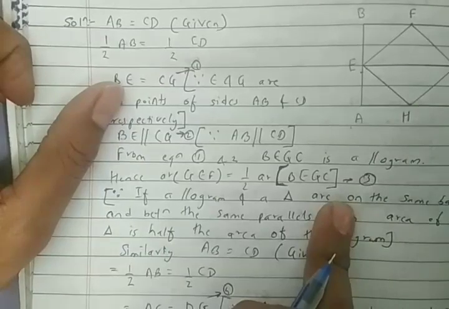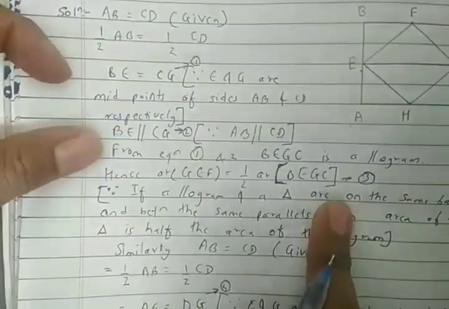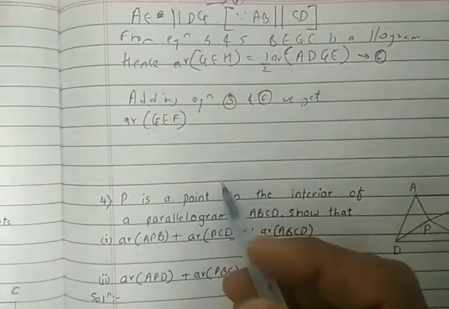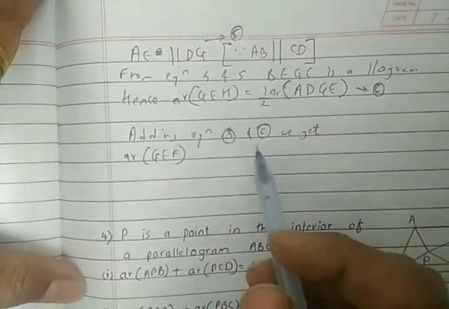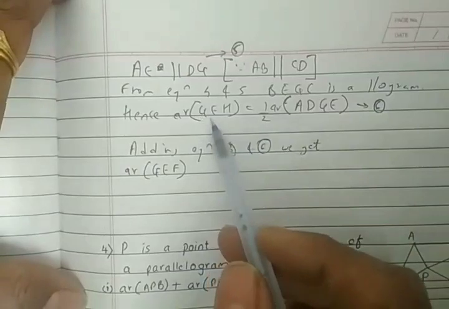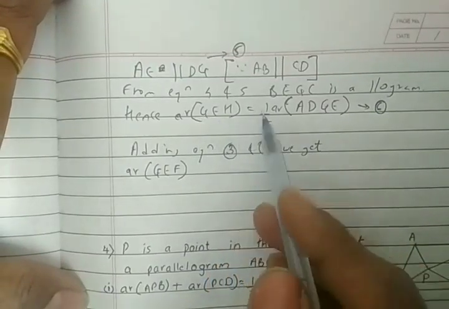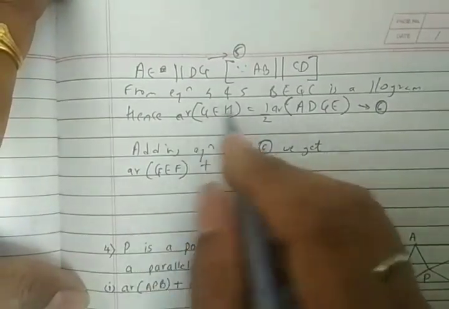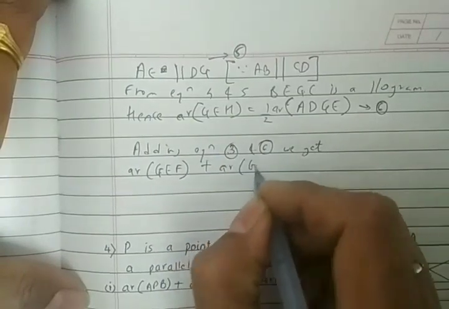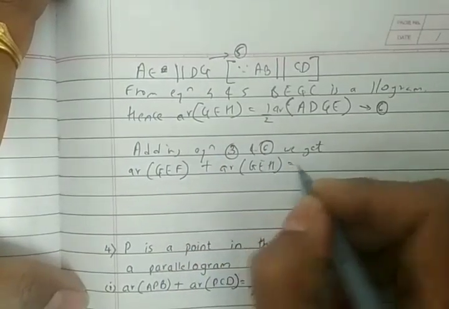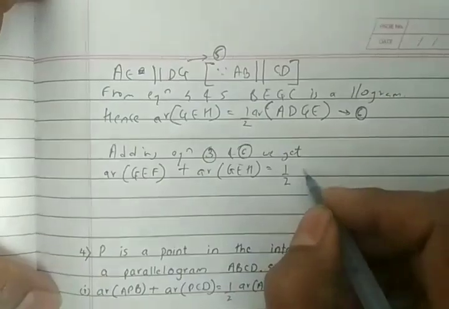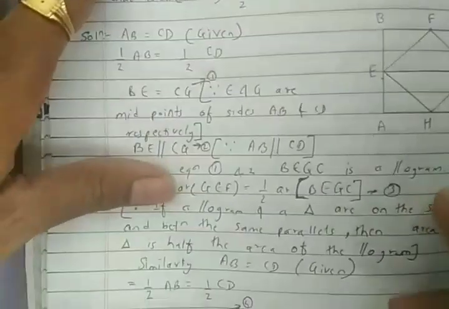Okay, so we'll add this to equation number 6, this GEH. So we'll add on the left hand side the areas, and on the right hand side this will remain.